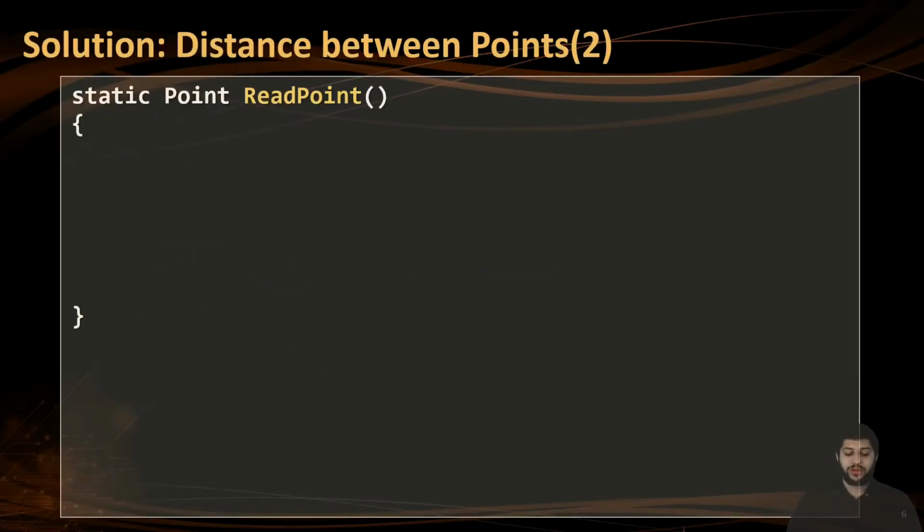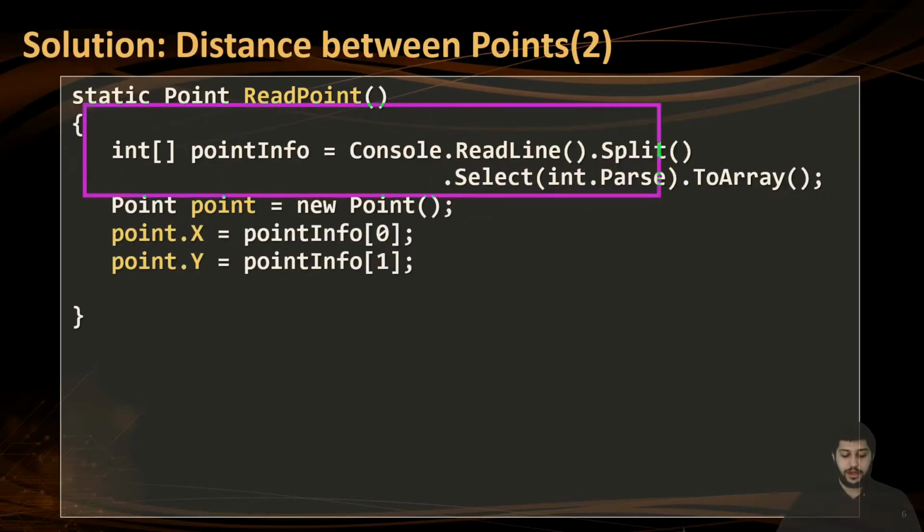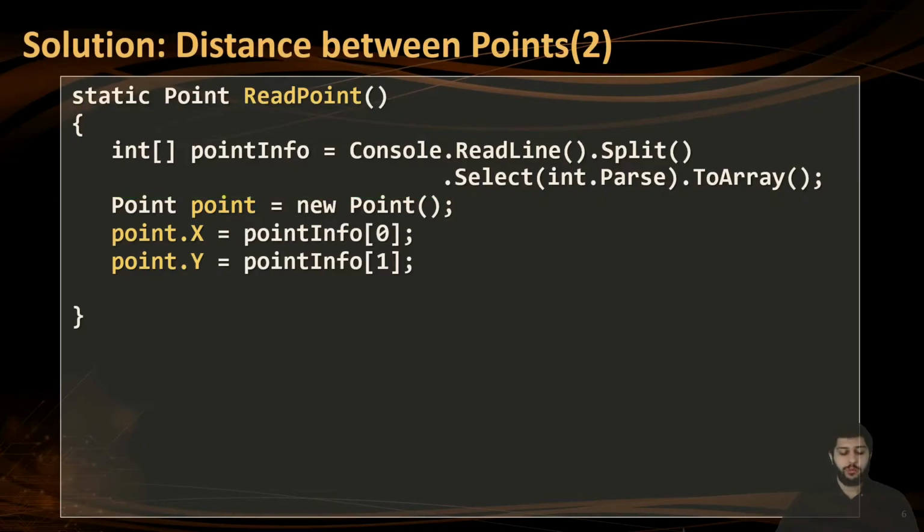And the way we define the read point is we split the input from the console, we parse it into integers, and we create the new point. And we just return the newly created point back to the main method, or the invoker of the method.